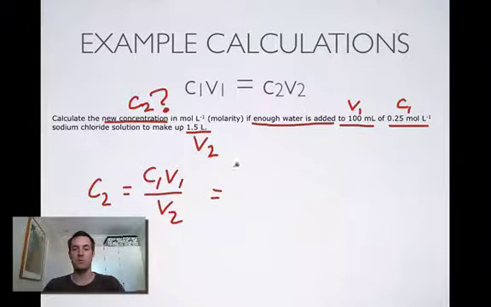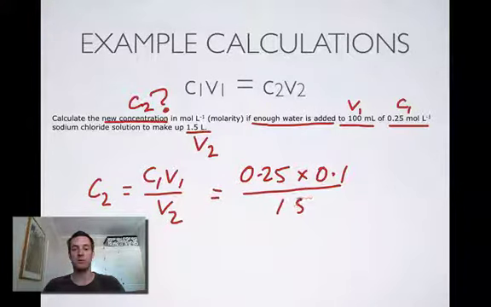Okay, put some numbers in here. C1 is 0.25 moles per litre. V1 was 0.1 of a litre, 100 mils, because there's 1,000 mils in a litre, divided by V2, which is 1.5.